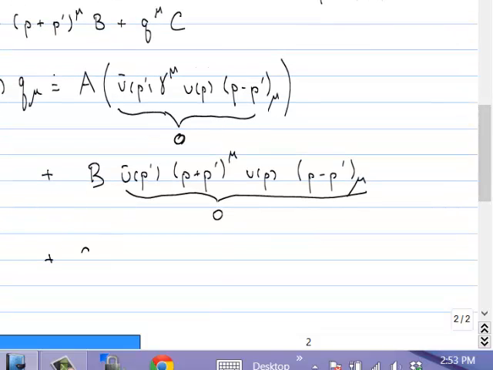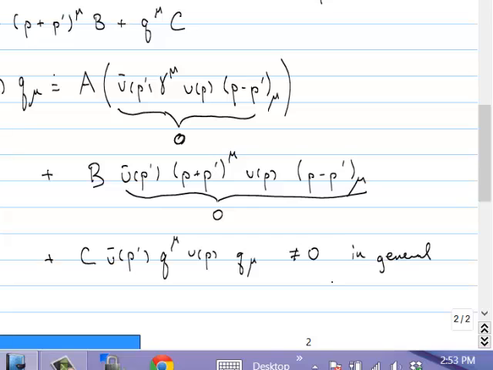The final term, however, is C times U bar of P prime times Q mu U of P Q mu. That is not equal to 0 in general, because Q squared is not in general equal to 0.